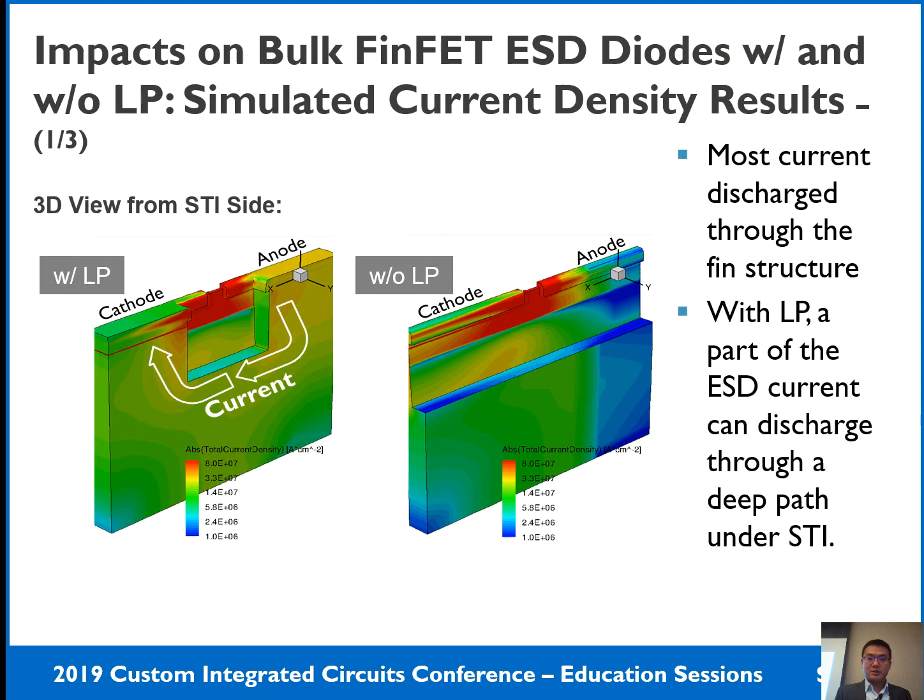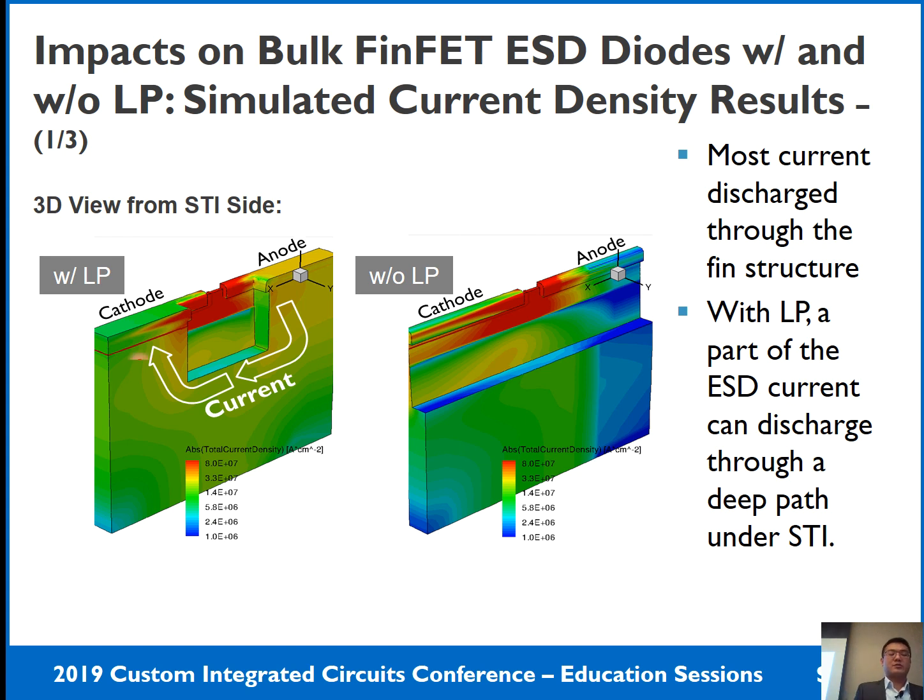The simulation results just show this. The simulation results indicate that, with or without the landing pad, as shown here, most of the current is still discharged through the fin structure because it has the shorter current path. But with a landing pad, as shown here, the current can also discharge under the STI region along a longer current path.